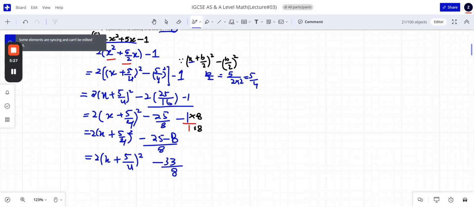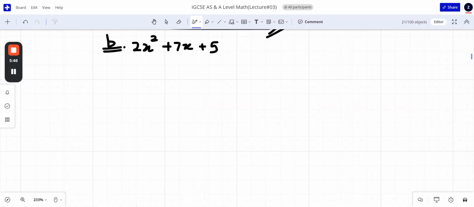So we got our required form, a into x plus b whole square plus c. The a value is 2, the b value is 5 by 4, and the c value is minus 33 by 8. But part d is 2x squared plus 7x plus 5. So in part d, we need to make the completing square form, which is a into x plus b whole square plus c.